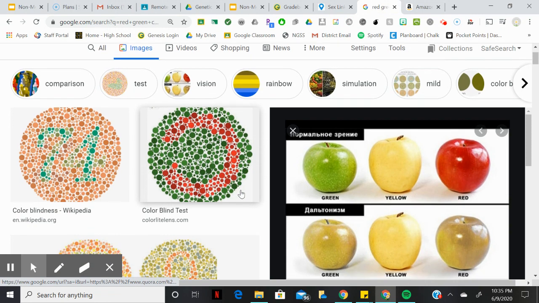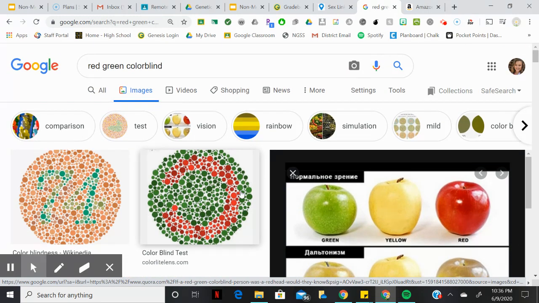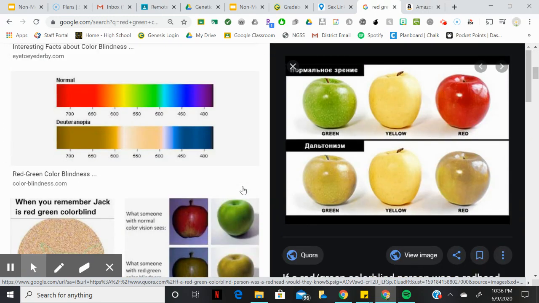Color blindness does not mean you only see black and white. The most common type of color blindness is called deuteranopia. I don't know if I'm saying that right. But basically people with red-green color blindness can't tell the difference between red and green. It just looks like a yellowish brown, okay?